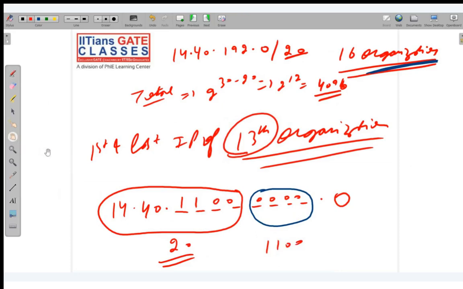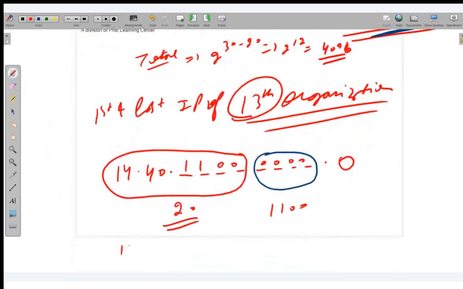That is very easy. So now I will say 14.40.1100 and then 1100. So this double means 12. So 192 plus 12. You just do it. 192 plus 12 is 204. 14.40.204.0.